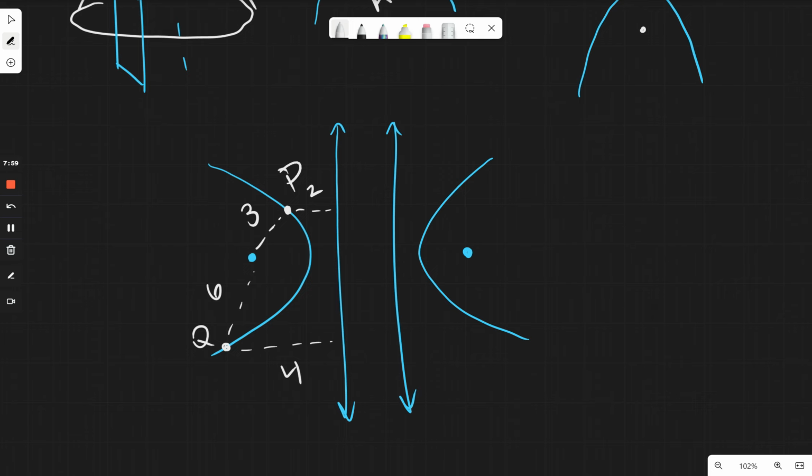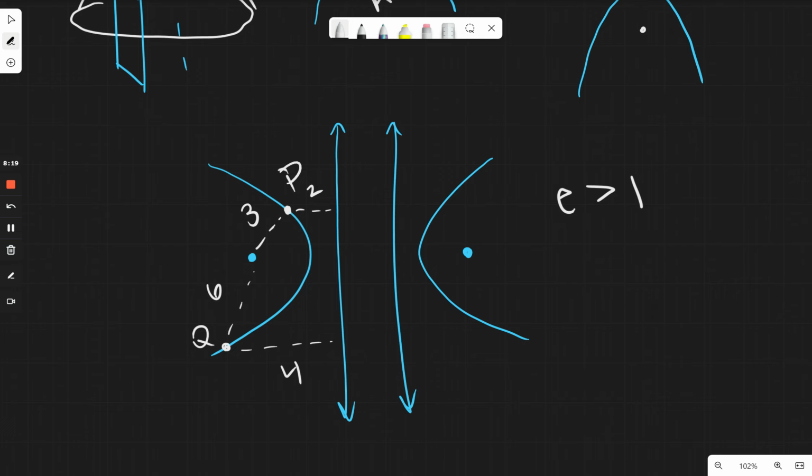And if you recall from the earlier videos, like the one about ellipses in particular, that is called eccentricity, the ratio of the distance to the focus over the distance to the directrix. And for hyperbolas, the eccentricity is always going to be greater than 1. You know, like 3/2 is greater than 1.